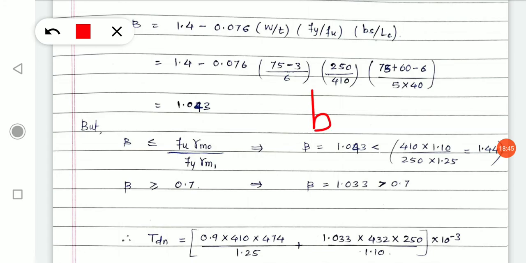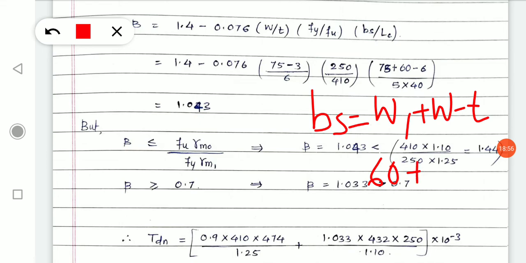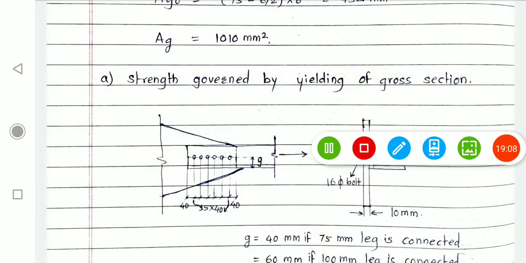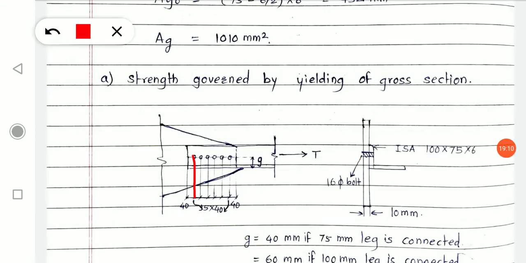So BS I have said is W1 plus W minus thickness. W1 will be 60 plus W will be 75 minus 6. That will be your BS. And LS will be the length between end bolts.